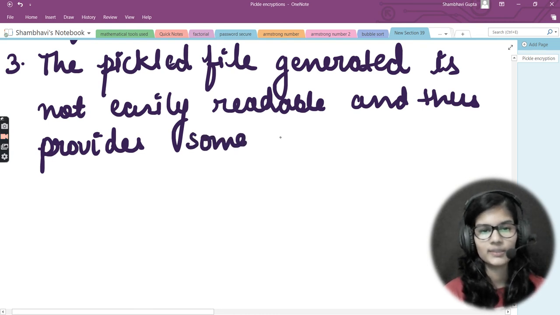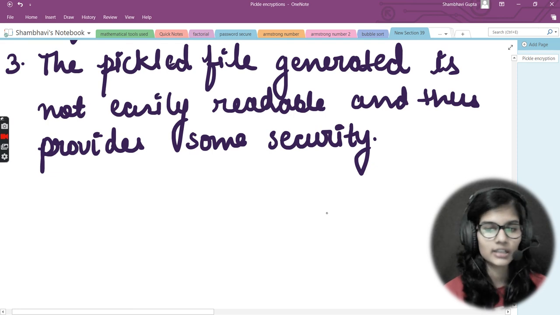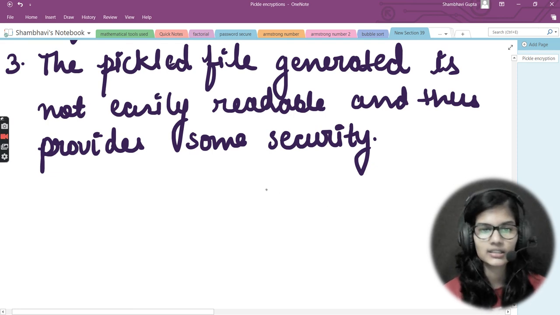We all know that whenever a file is not easily readable, it means that the file is a little bit more secure, right? Anyone cannot access that file and just read out all the things which are written there. So the pickle file which is generated is not easily readable, so it provides some security. This is what I meant.